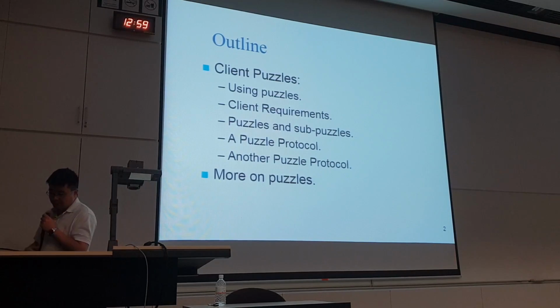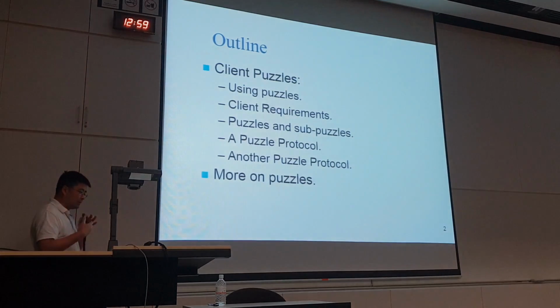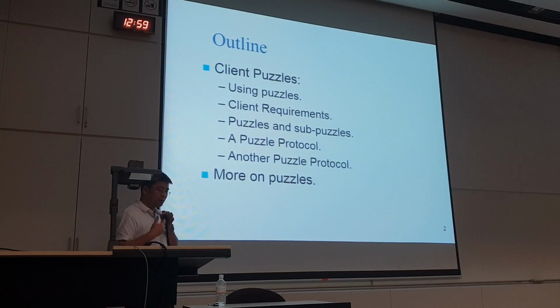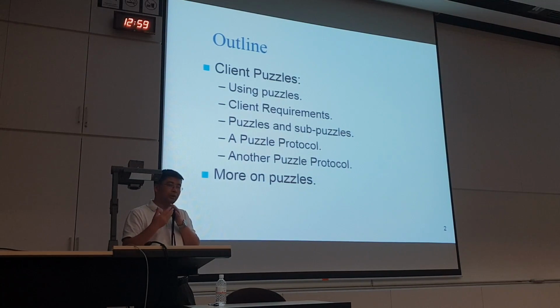Another advantage of using client puzzles is that if you want to have a lot of connections established, then you need to solve a lot of client puzzles, right? So it's similar to the slow process of authentication. If we give only a little amount of work for each connection, then the normal user will not be affected.